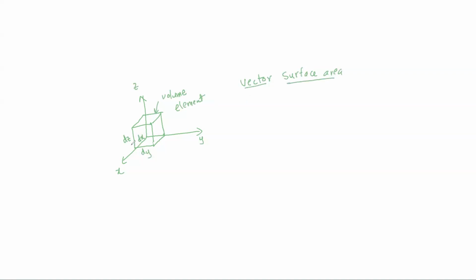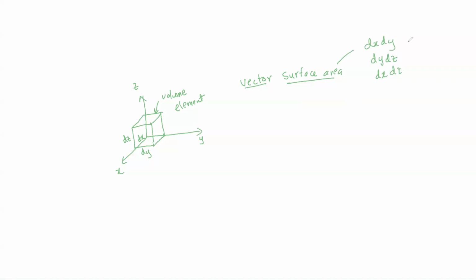Surface area we know that we can take by taking the product of the components of the volume element. So surface area elements we can take as dx dy, dy dz, dx dz. These three things we can take as surface area elements separately.